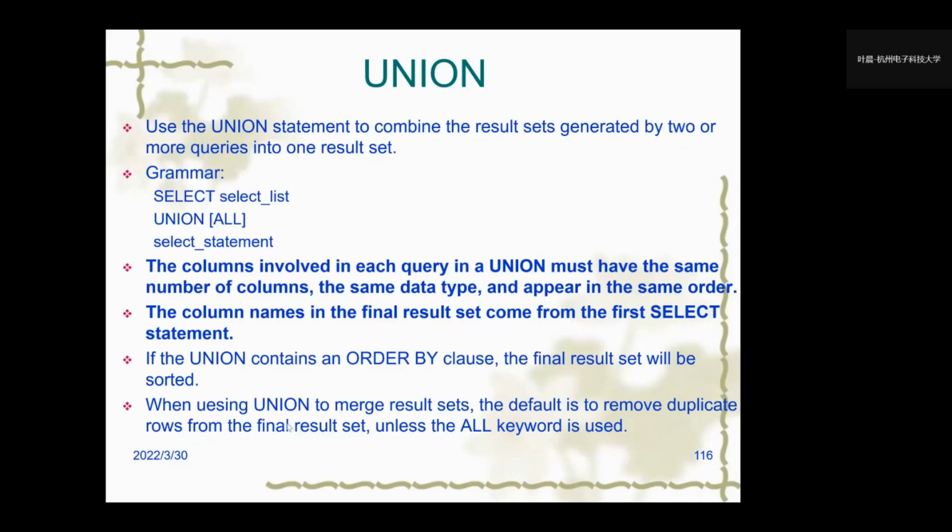And when using union to merge result sets, the default is to remove duplicate rows from the final result set, unless the ALL keyword is used. So if you use the ALL keyword here, it means you want to maintain all the duplicate rows, duplicated tuples in the query result.